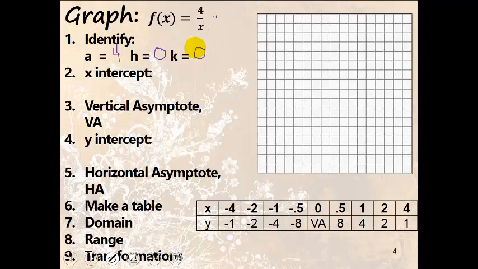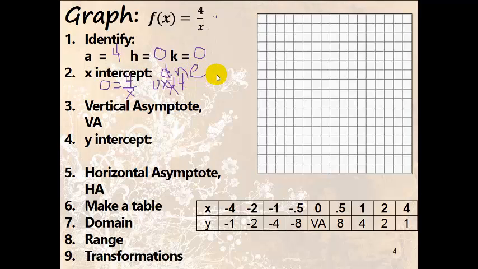Okay, my x-intercept, I plug in 0 for y, so I get 0 is equal to 4 over x. So that says 0x is equal to 4. Is that ever going to happen? Never going to happen. So this does not exist.